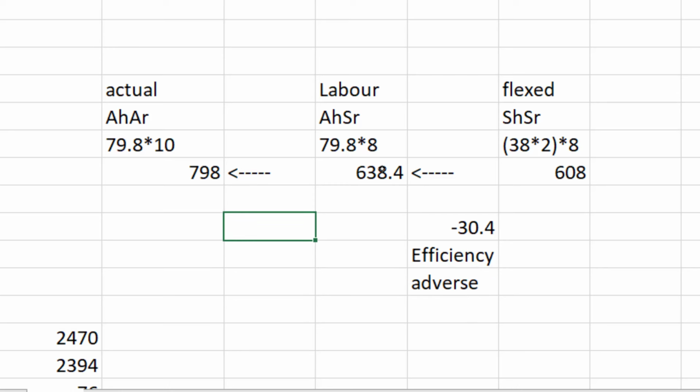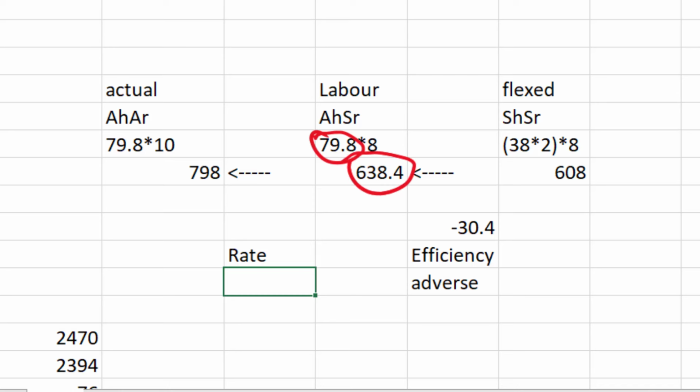Now, over here, we have the rate variance, guys. When we look on the labor market and we want to buy 79.8 thousand hours, we should pay the workers 638.4. We did pay 798, so we paid more. Maybe we paid for higher skilled workers, or the market changed as they told us in the story.